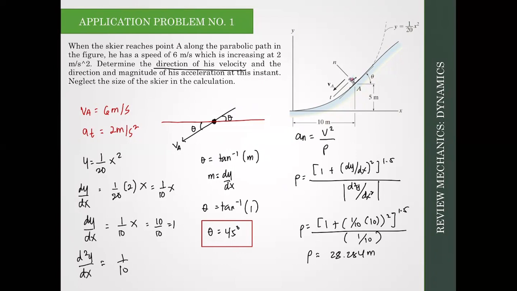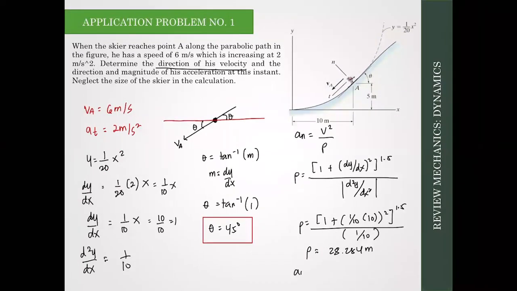Okay? So to calculate AN now, AN will be equal to v squared, which is 6 squared, over 28.284.